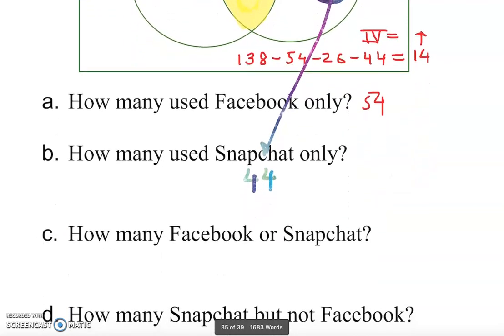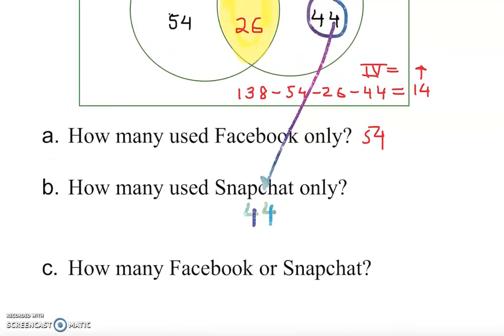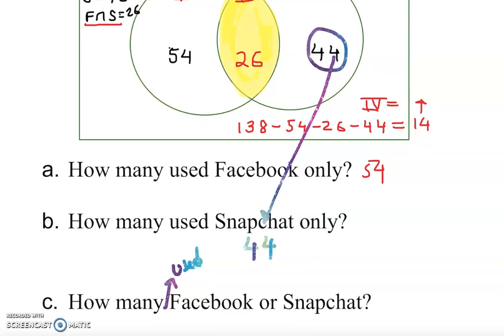Let's see what is the next question. How many used Facebook or Snapchat? We have to make sure we understand that: Facebook or Snapchat, this one or that one.